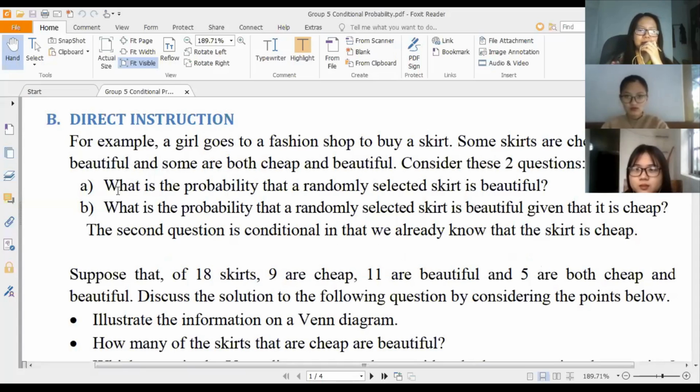Let's consider these two questions. The first one, what is the probability that a randomly selected skirt is beautiful? And the second one, what is the probability that a randomly selected skirt is beautiful, given that it is cheap?